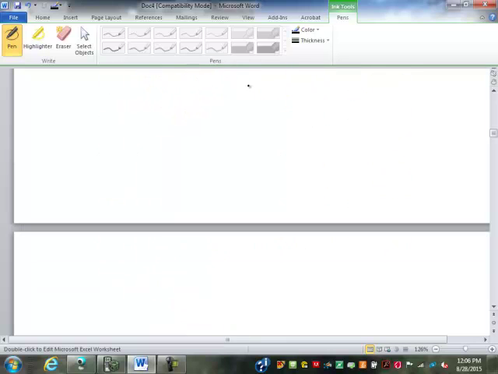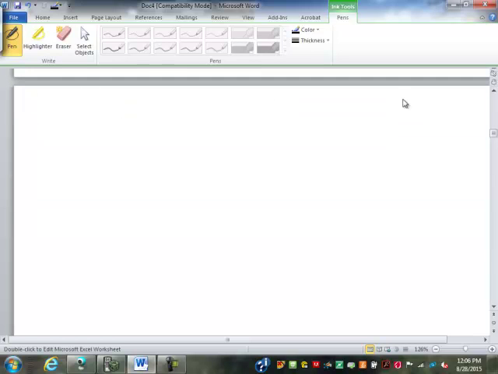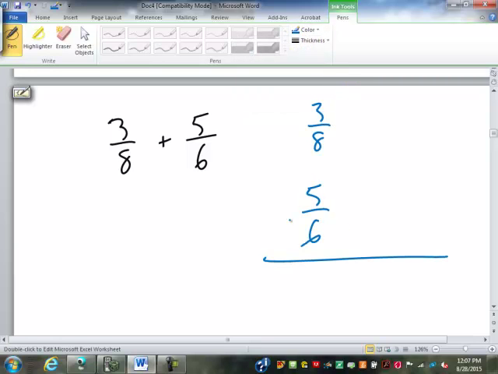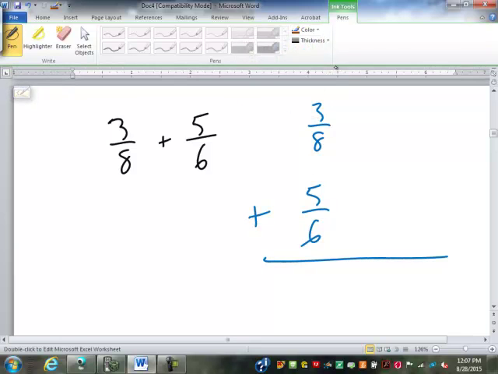Okay. Next, we'll be asked to do operations with fractions. So we'll have to add something simple like, I don't know, 3/8 plus 5/6 and see what you get. Of course, when we're adding or subtracting, we must have the same name.